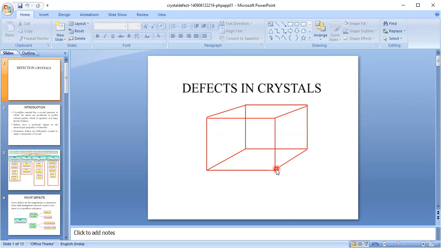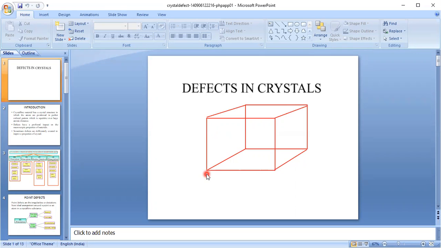It may be millions or more than millions of unit cells arranged in a particular crystal structure. The structure of the unit cell may be cubic or non-cubic, or we can say tetragonal.